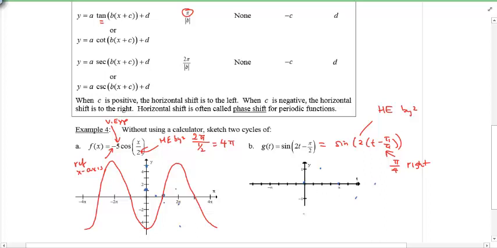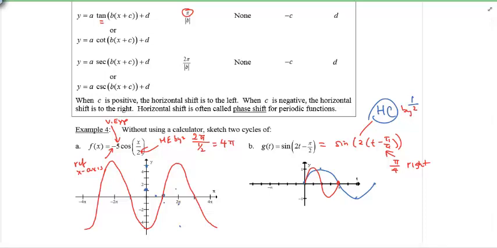And then I'm doing a horizontal, oops, I made a mistake. Not expansion, compression. Remember, always opposite with the horizontal business. So I've compressed it horizontally like that. And then finally I'm shifting it pi over 4 to the right, which means I'll move everything to the right 1 unit.